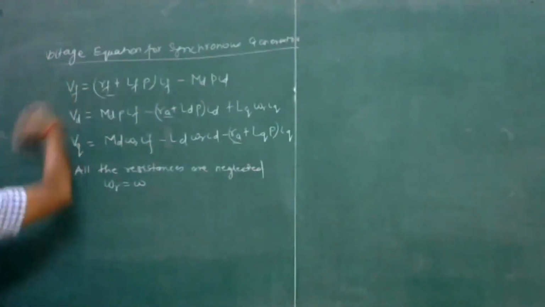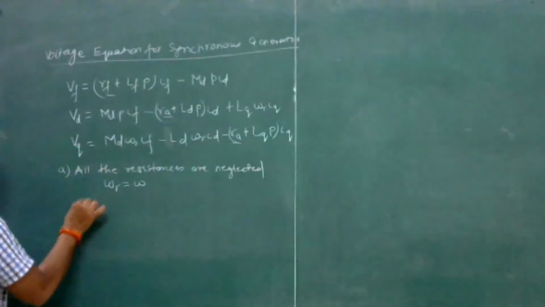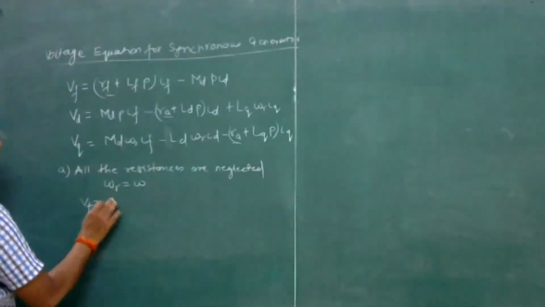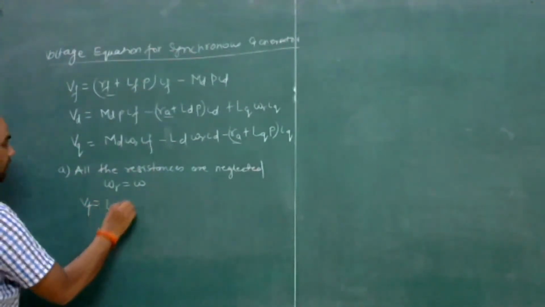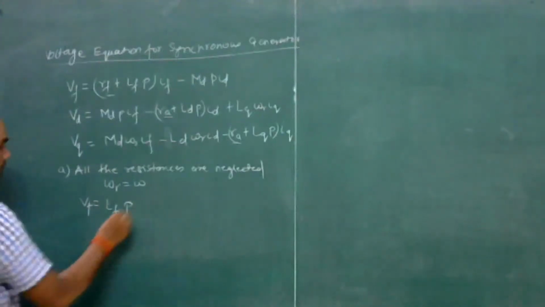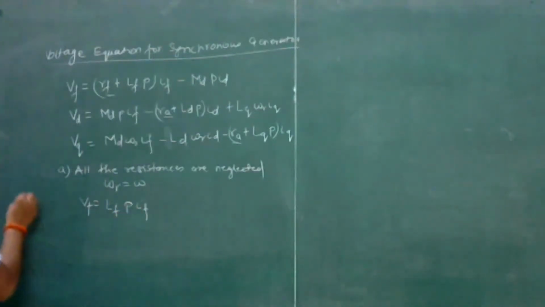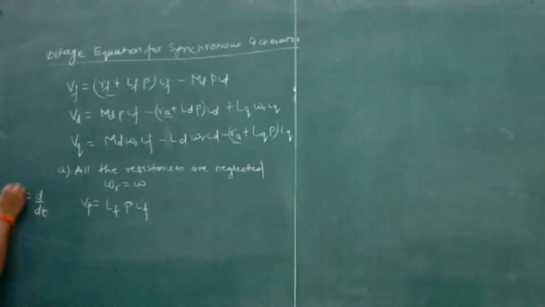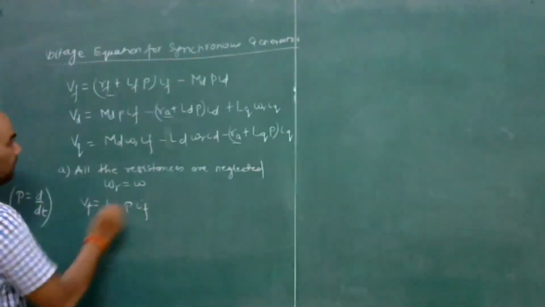So the equations become: Vf is equal to Lf P into If minus Md P id, where P is equal to d by dt and If is the field current.